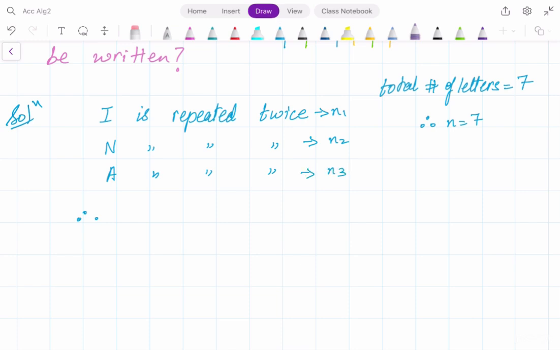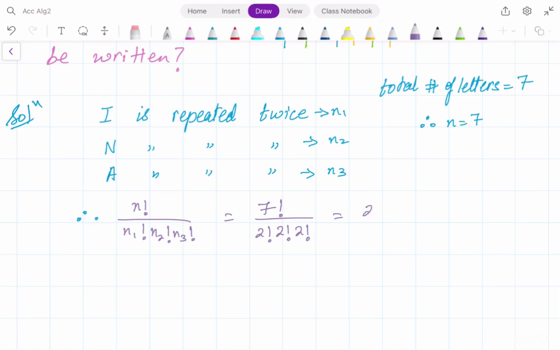So let's put it in the equation for distinguishable permutation. We want n factorial divided by, we have 3 components, so we are multiplying n1 factorial times n2 factorial times n3 factorial in the denominator. So we have 7 factorial divided by 2 factorial times 2 factorial, and one more time 2 factorial.